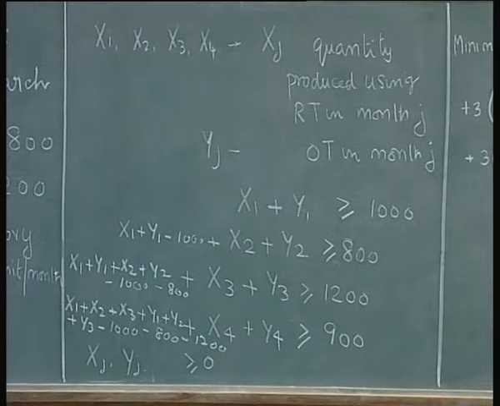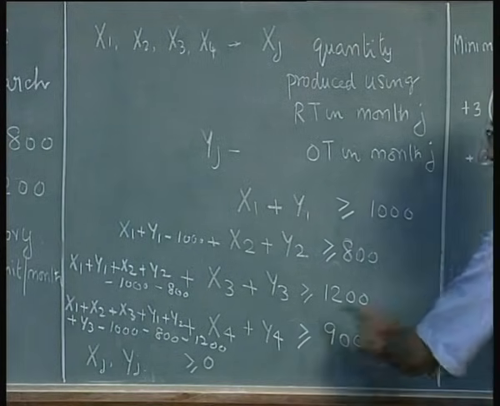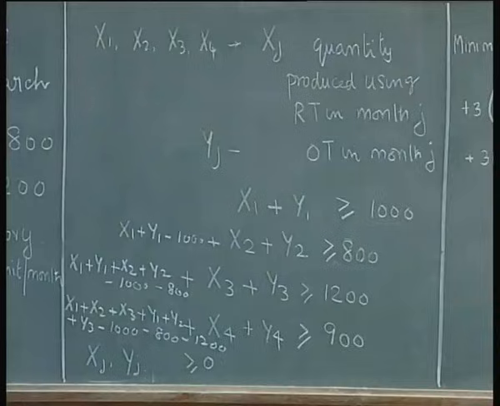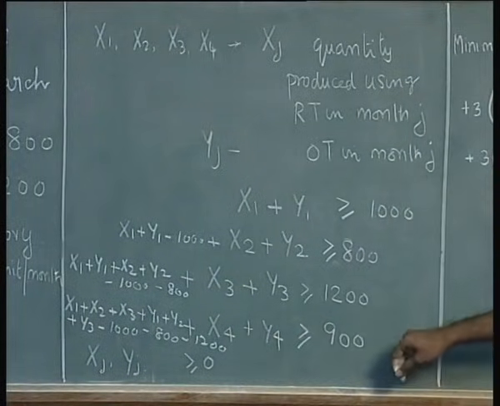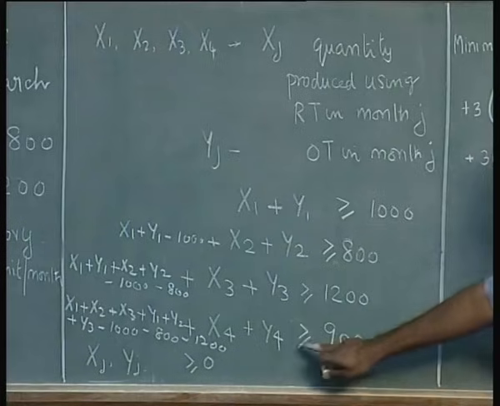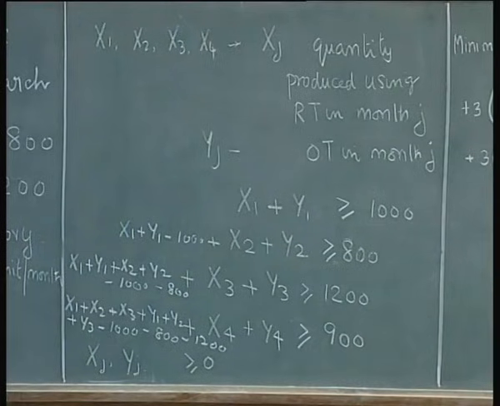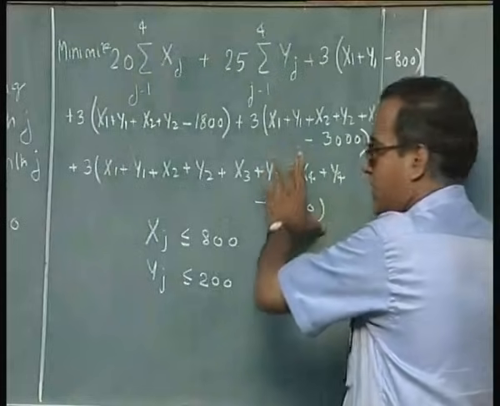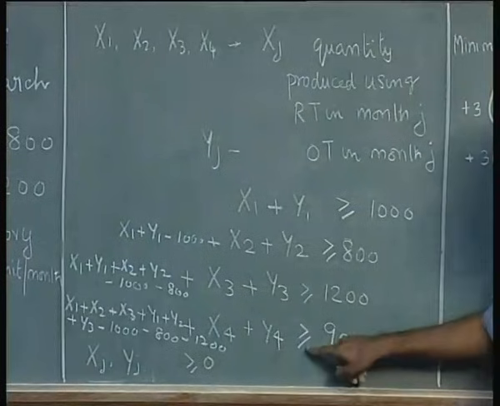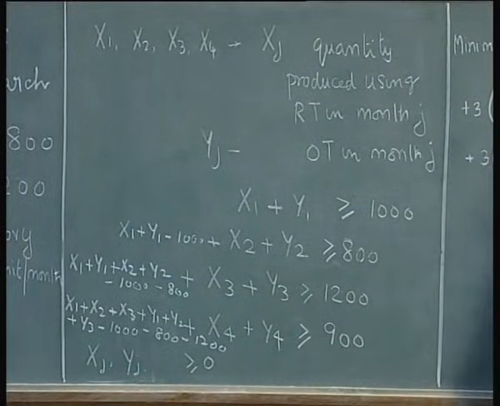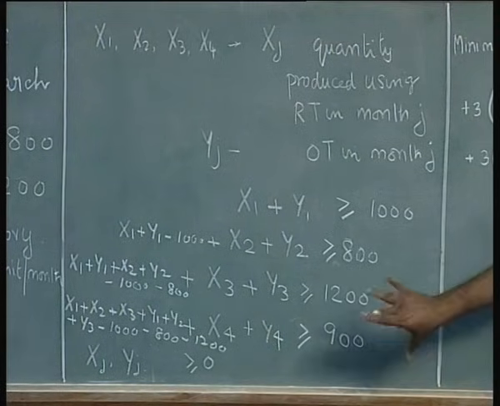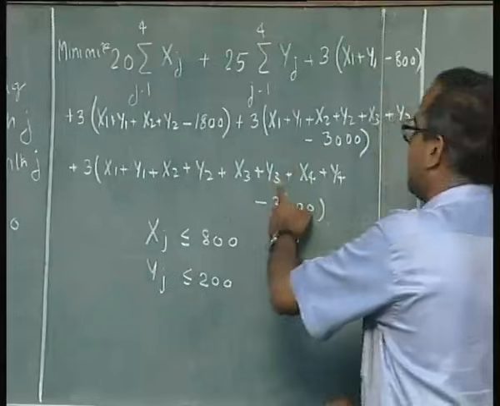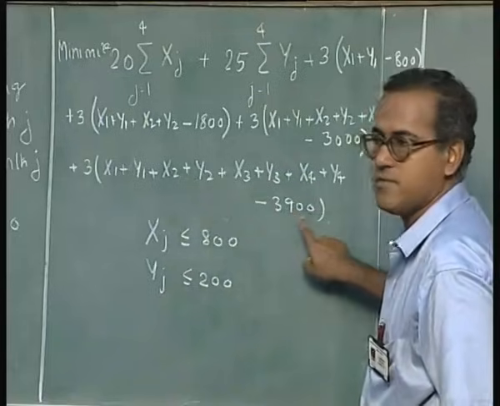Now, there are two ways of addressing this 900. One is to put an equation here which will automatically correct the values of x4 and y4 such that we do not have anything excess, and if we put an equation here, then you can leave out this term. If you do not put an equation here and put an inequality here, it means you are allowing for an I4 to exist, and if such an I4 exists, then it is carried into the objective function with the cost of this.